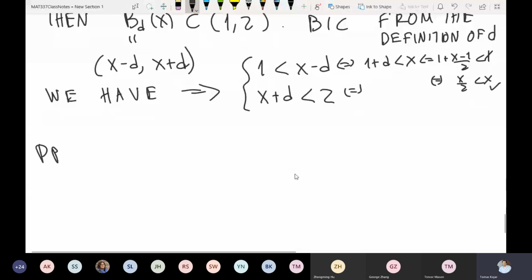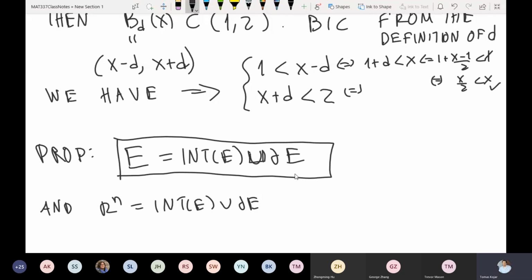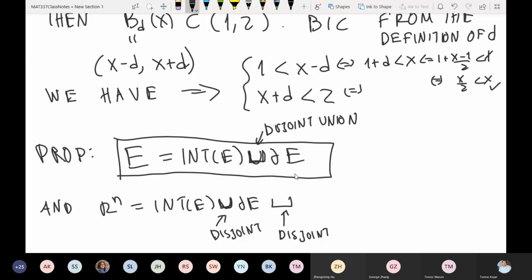So a general proposition that I'll let you prove is that E is equal to interior of E union boundary of E, and also R^n is equal to interior of E union partial E union exterior of E. So this is a disjoint union.